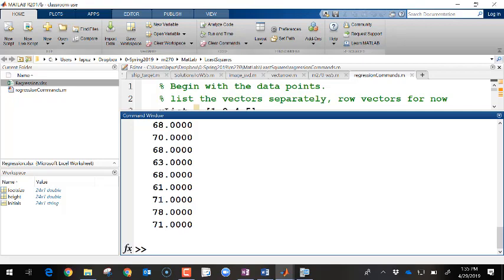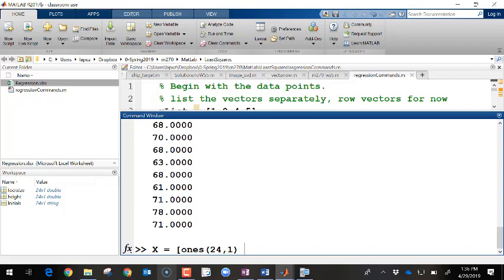So now I want to create a matrix, our design matrix. We'll call it capital X. Our design matrix is going to be made up of ones. How many data points do I have? It looks like 24 of you participated, right? So I'm going to need to create a column vector of ones, 24 of them, 24 by 1.